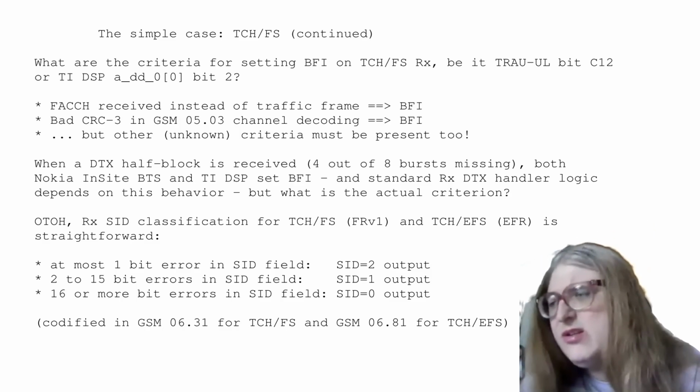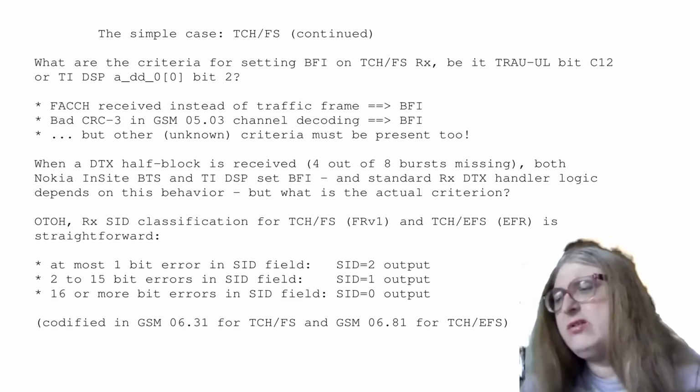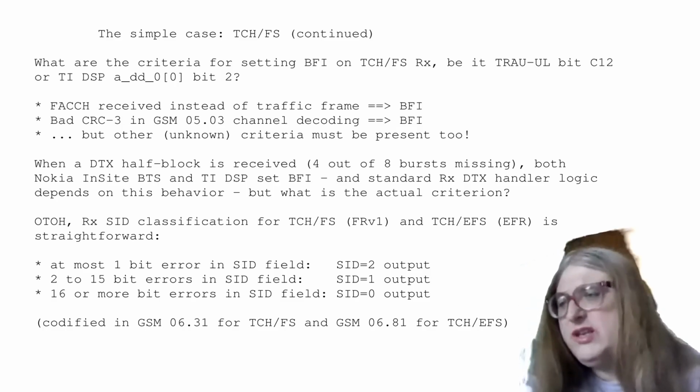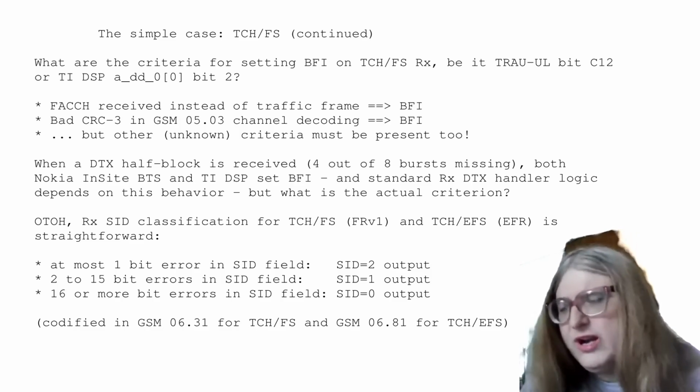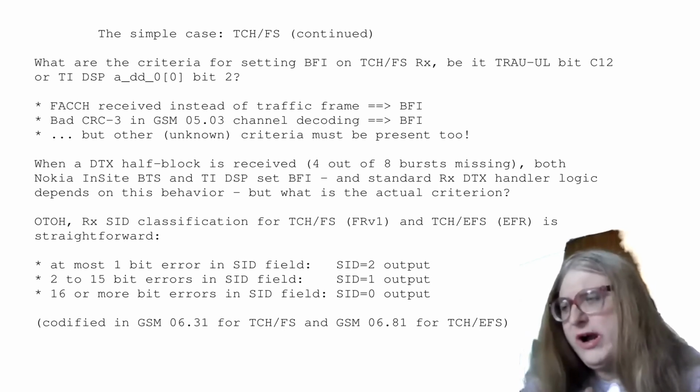But now consider the impact of block diagonal interleaving on DTX starting and stopping, because you're going to have what I call the half block. If you are required to transmit 8 bursts in order to transmit the mandatory SID, you put out the 8 bursts.